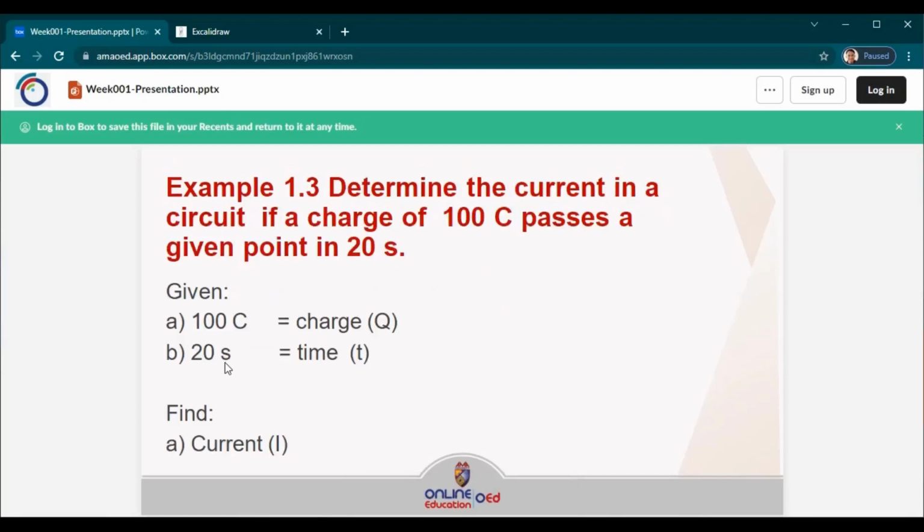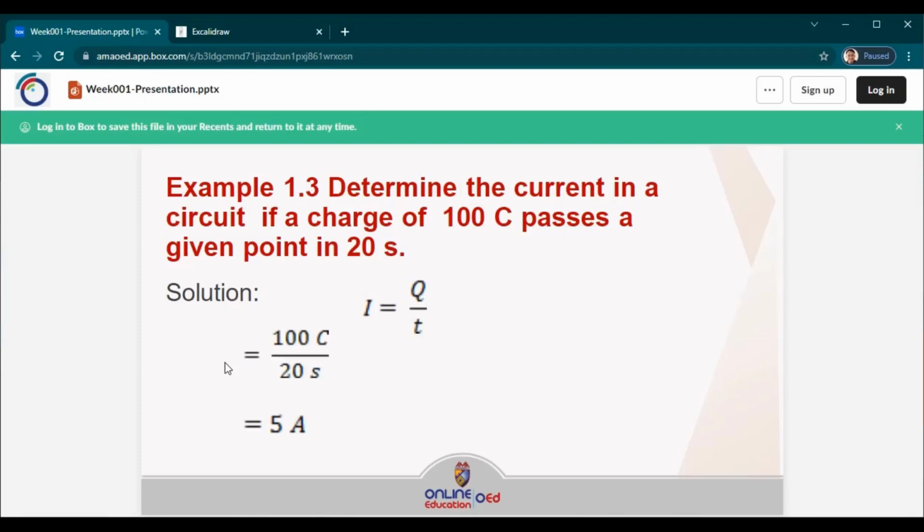Next example. Determine the current in a circuit if a charge of 100 coulombs passes a given point in 20 seconds. Okay, so we are given charge, which is 100 coulombs, and time, which is 20 seconds, and we are being asked to find the current. Remember our formula: I is equal to Q over T, or current is equal to charge over time.